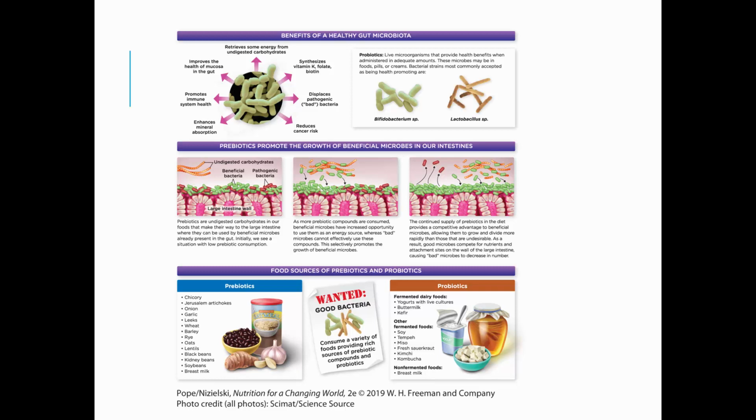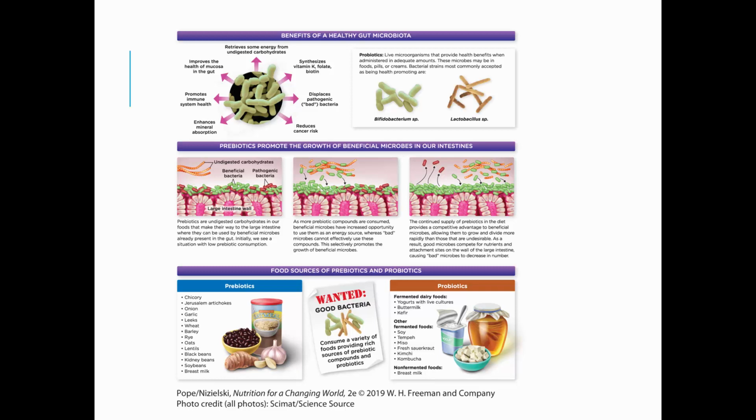So there's lots of roles in that. You can see even the prebiotics promote the growth of the beneficial microbes in our intestine and how that helps. So you can look at those carbohydrates there as well, and how they may help promote the growth of more of our good bacteria, and help get rid of some of the pathogenic bacteria.